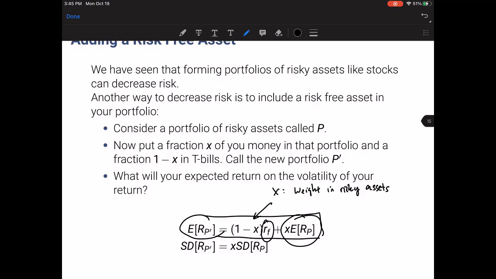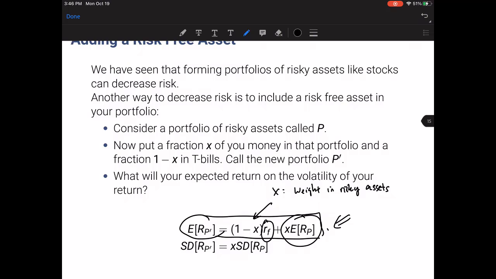Okay, and what does the volatility of our portfolio look like? We can see that by just taking the variance of this expression here, without the expectation, of course. And since RF is a constant, it's known beforehand. Remember that when we add any constant to a random variable, that's going to give us the random variable, and therefore our volatility is simply going to be scaled by how much we decide to allocate into our risky asset.